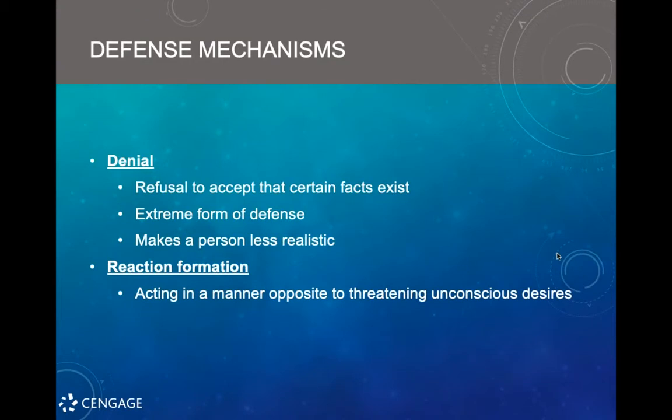And then denial is also a famous defense mechanism. It's refusal to accept that certain facts exist. It's an extreme form of defense. It makes a person less realistic. So let's say a guy is in a narcissistic, abusive relationship with someone, and he knows that it's bad for him. It's not helping him in his life, but still he keeps staying in that relationship because of something known as denial.